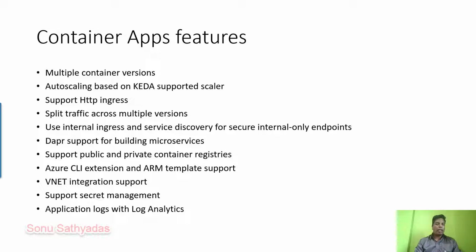So I can split the incoming traffic across multiple versions of this application. Use internal ingress and service discovery for securing the internal only endpoints. Means if you want to deploy your application that is accessible only within this particular private network, you can make it internal only, and it provides service discovery for your applications.